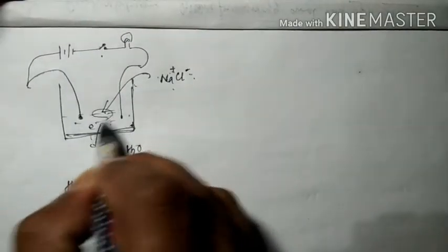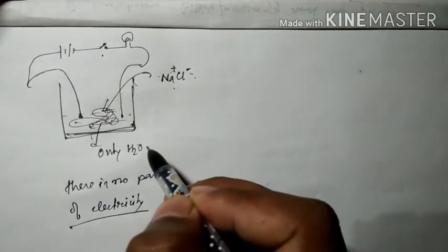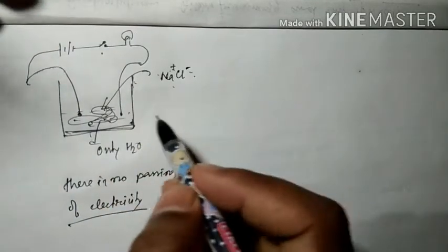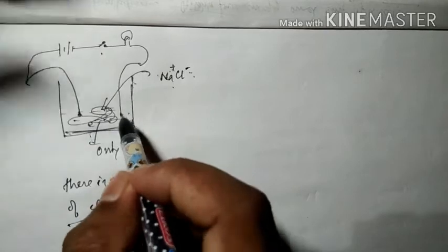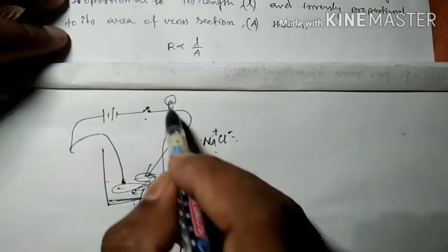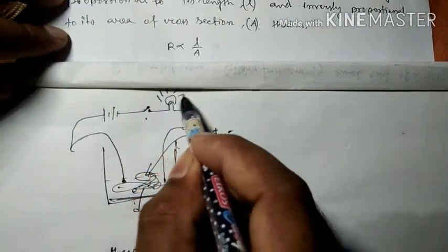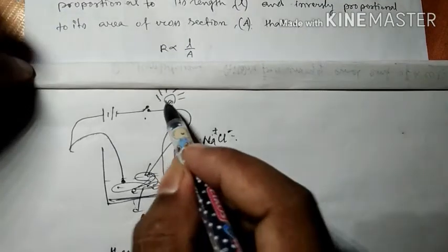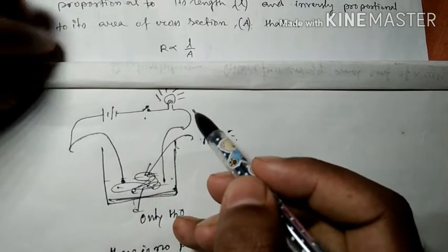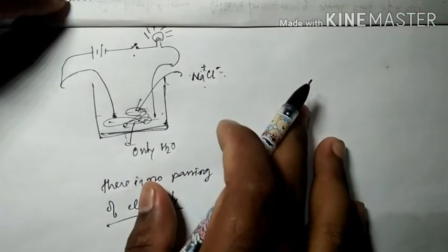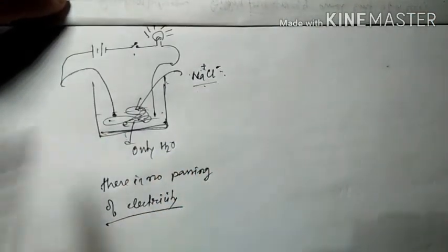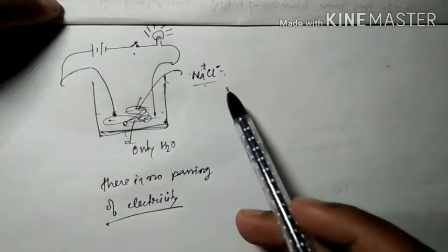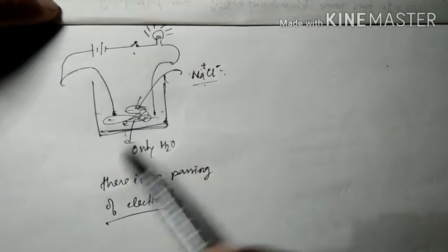If electrons are moving, then obviously the current will pass from one end to the other end, then the light will glow. Then we will see the light is on, that means the electricity is passed only by the sodium chloride ions, which is the electrolyte, and this solution is called the electrolytic solution.